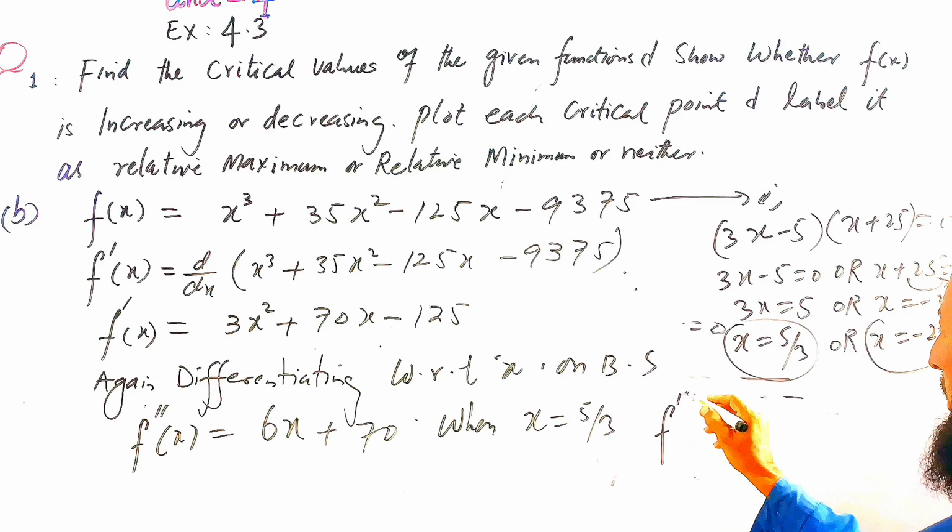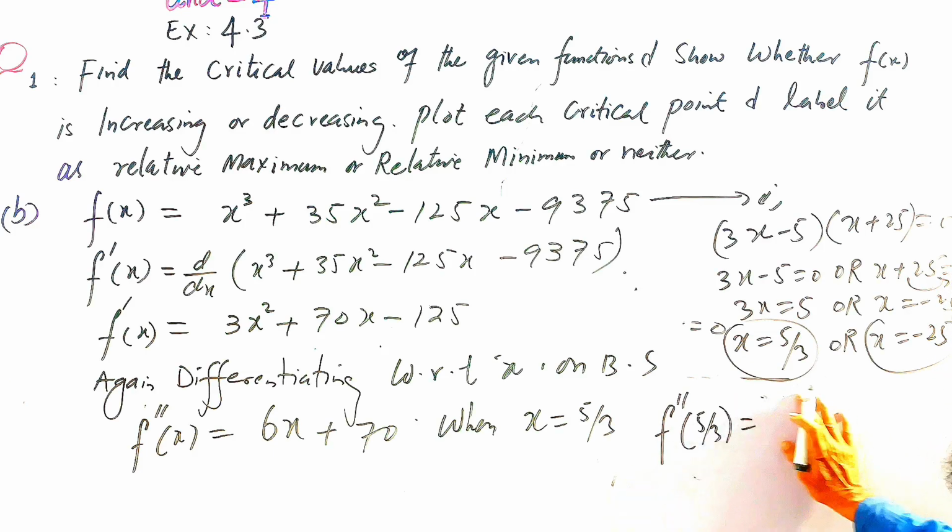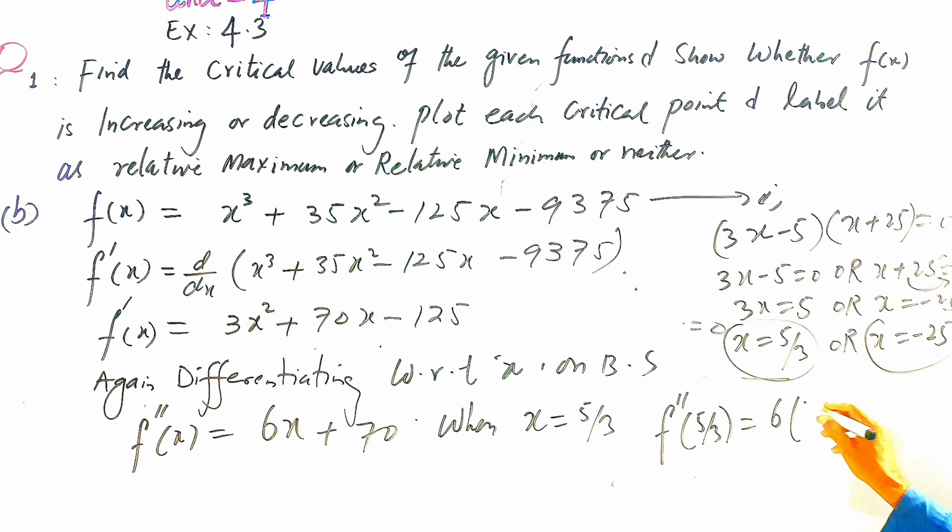So f double dash of 5 by 3 is equal to 6 into 5 by 3 plus 70. What is the result? We get 10 plus 70, we get here 80.